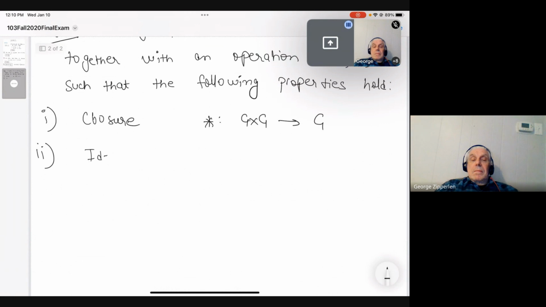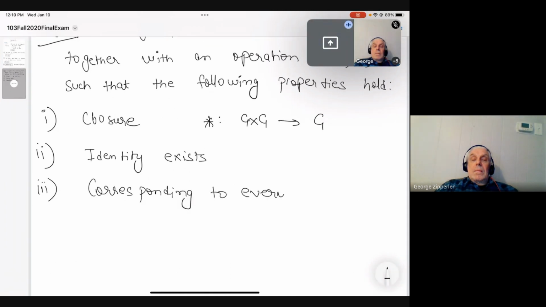So identity exists. For, corresponding to every element of this set, there is an inverse.